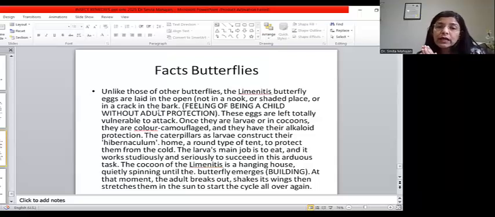The caterpillars as larvae construct their own hibernaculum. This is all the defense mechanism, how they are protecting themselves from the predators. So at that time, the cocoon of the Limenitis is a hanging house, quietly spinning until the butterfly emerges. At that moment, the adult breaks out, shakes its wings and then stretches them in the sun to start the cycle all over again.